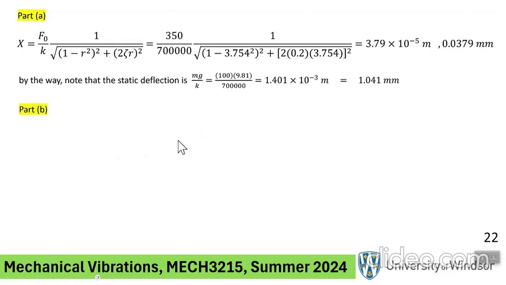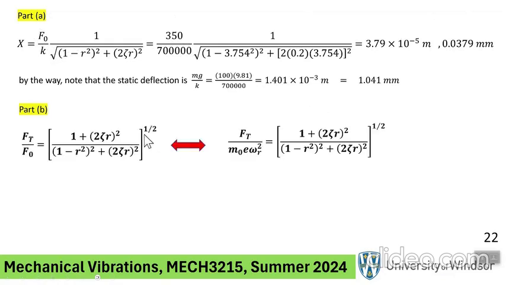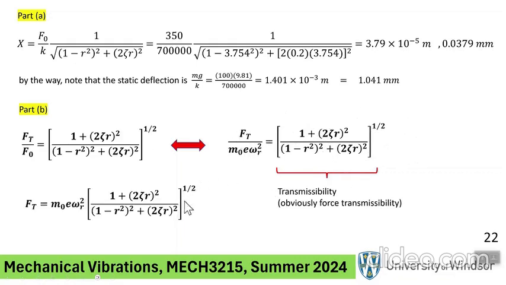And part B says, what is the transmitted force to the base? Well, there's a formula for it. We just did it. Ft over F naught is this, from the stuff in chapter 10. But in this particular problem, F naught was given to us directly as 350. That is what in lecture 10 we call force transmissibility. But anyway, the moral of the story is to plug in your values. This was given to us as 350.